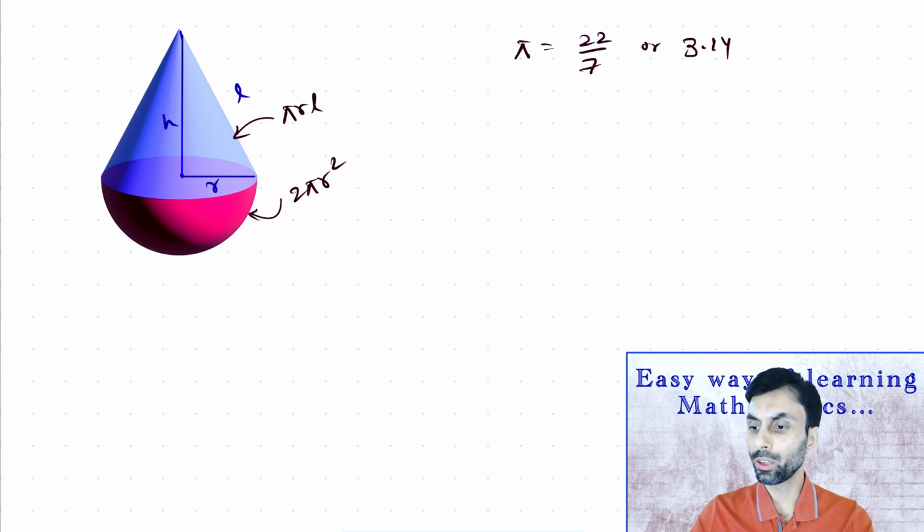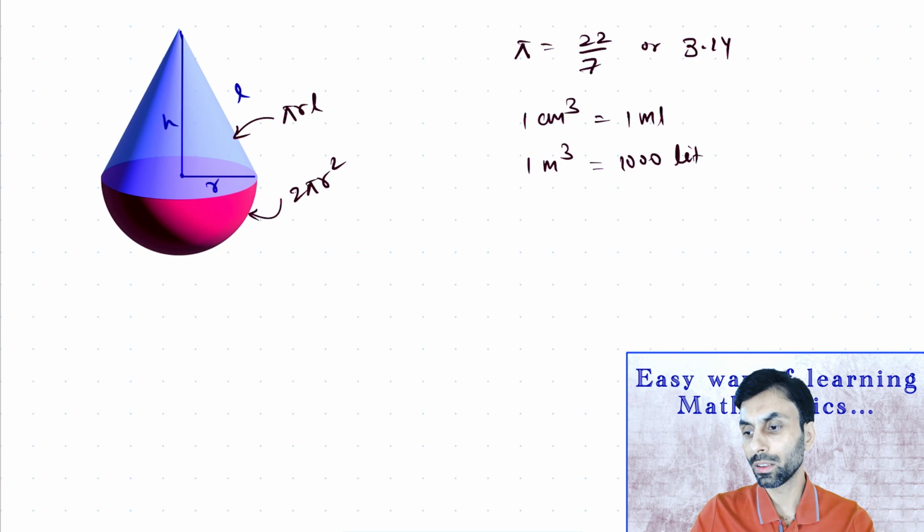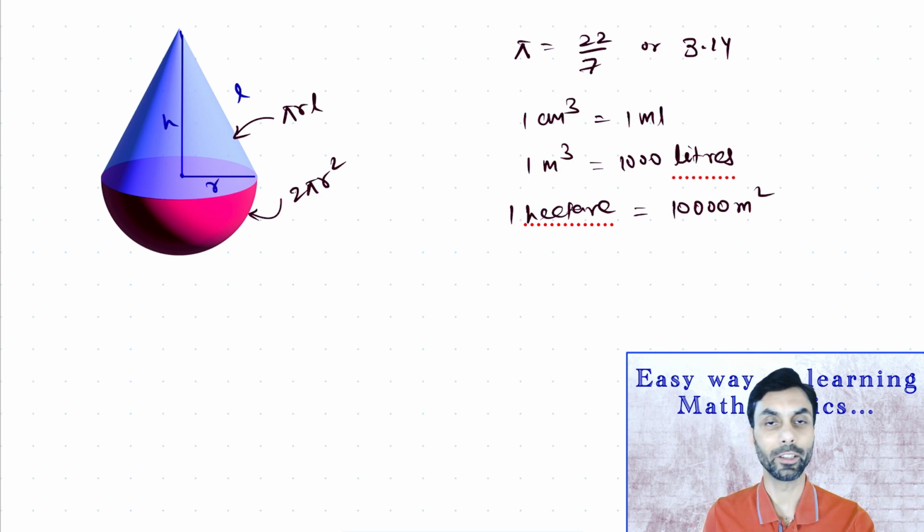Next, 1 cubic centimeter can be written as 1 ml, and 1 cubic meter will be 1000 liters. Another value is 1 hectare, which equals 10,000 square meters. So these are some of the values we need to remember.